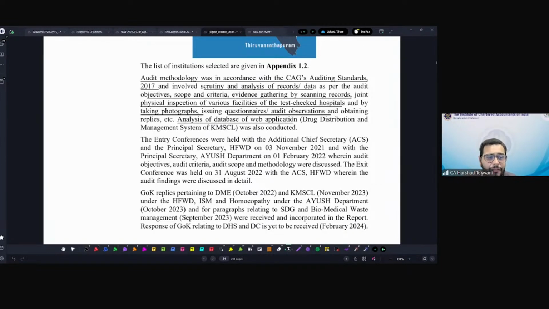Analysis of the database of web applications and everything. It's similar to what we do in our audit. It's not something different we are talking about. This is the same thing that we do in our audit. So they have also done the same thing, but in a bit modified way.